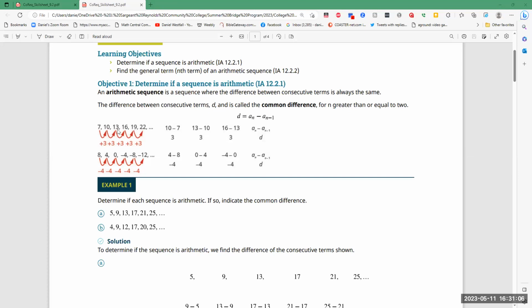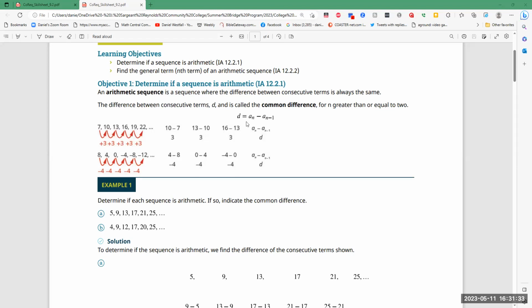So in this example, if we wanted to find out that to get from 7 to 10, we needed to add 3, we could do that by saying 10 minus 7 is 3. We could do the same thing with the next pair of terms. 13 minus 10 is also 3. 16 minus 13 is also a positive 3. 19 minus 16 is also a positive 3. 22 minus 19 is also a positive 3.